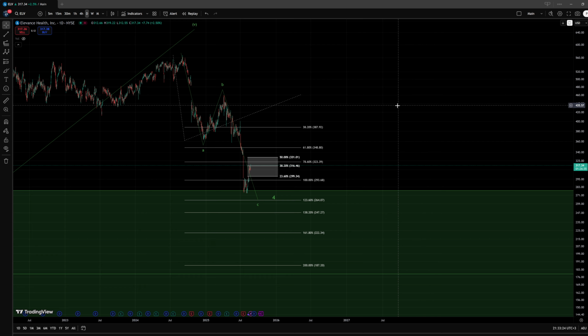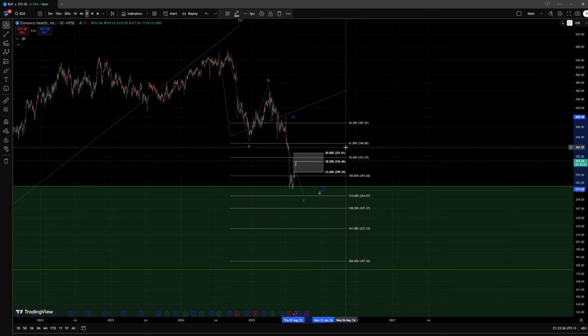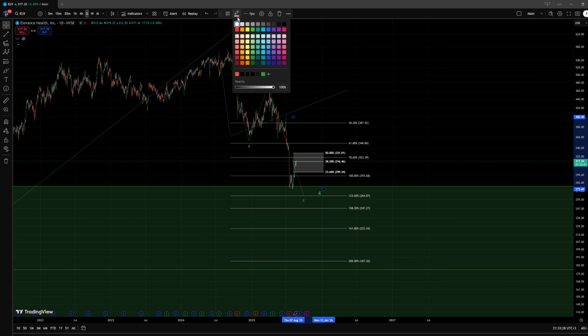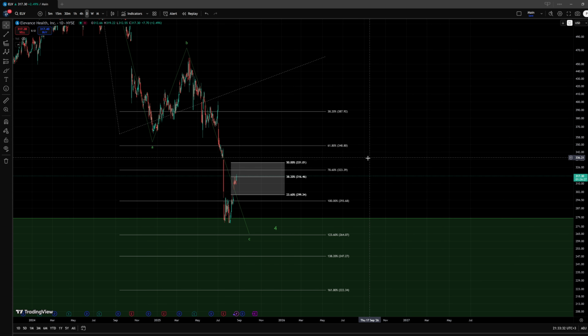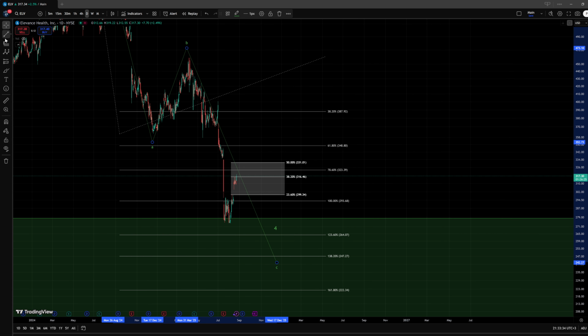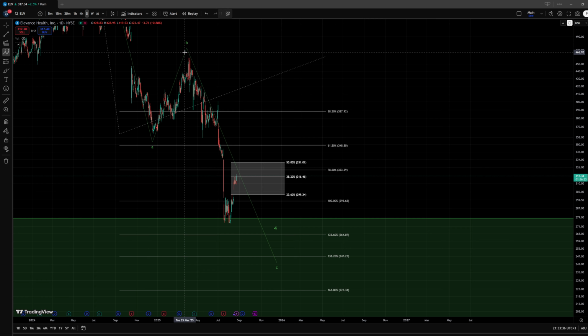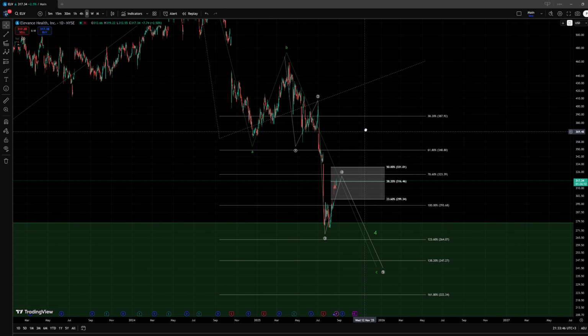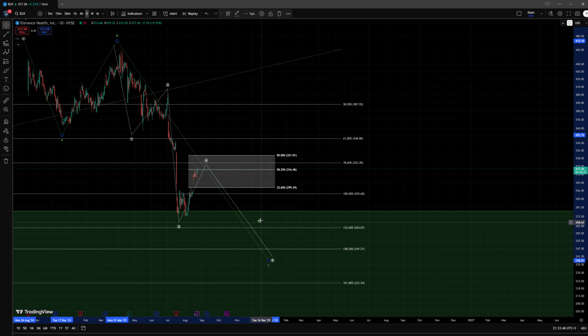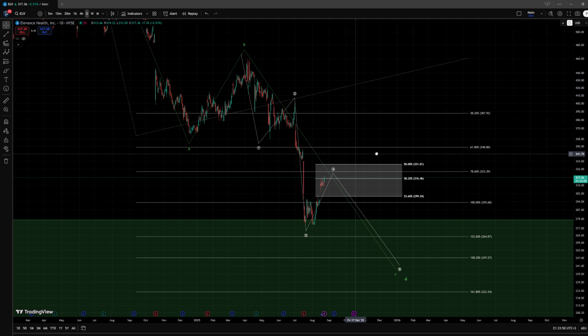Now, until we actually break above the 50% retracement here in white, I am in favor of still yet another low, and here I will be tracking this with the white interpretation, in which I see one more fifth wave needed to complete this C wave and this wave 4.